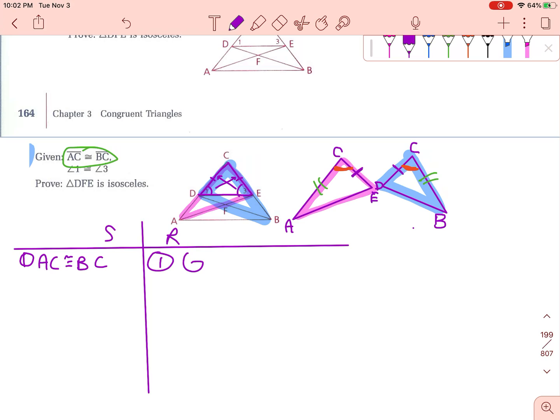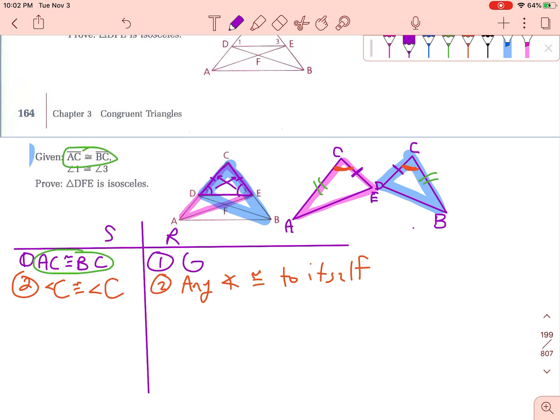So the first step is going to be given, and that's my green side that I kind of double checked. I have my reflexive angle, so I kept that orange. Angle C is congruent to angle C, and that is reflexive property. Any angle is congruent to itself.